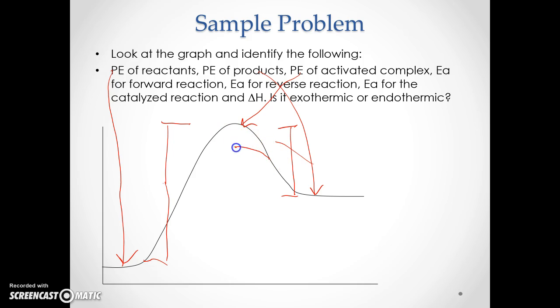Let's make a new line. There's a catalyst, and the activation energy will be from here to here. And delta H. Delta H is the absolute value of the difference of what you started with and where you ended. So this is delta H. So this starts lower and ends higher, which means you have to put energy in. So it's endothermic. Okay, that's it. Let me know if you have questions.